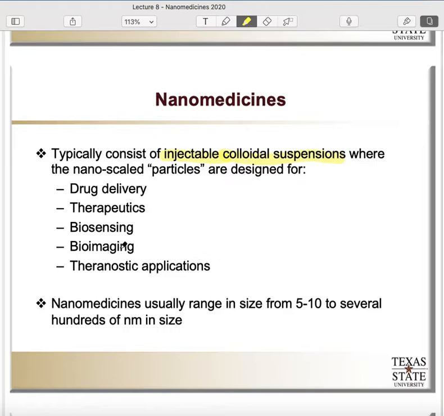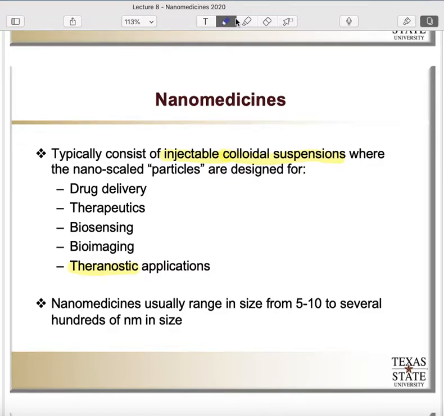Then in terms of the applications, here I have this concept of theranostics. This is a word that has been created by merging the word therapeutic with diagnostic. So a theranostic nanomedicine would be one that could be utilized for both the detection and the treatment of a disease.